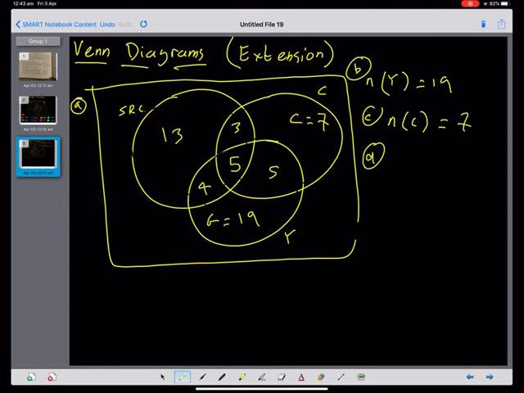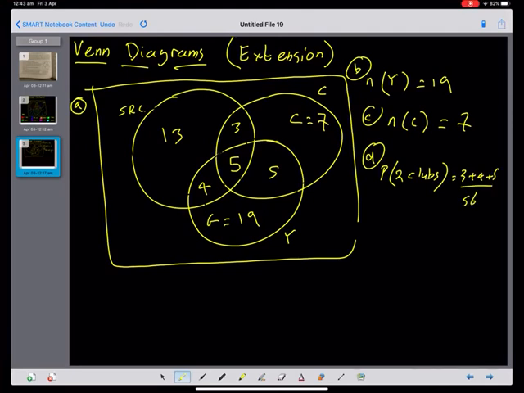D asks for the probability of 2 clubs. Okay, so 2 clubs is going to be 3 plus 4 plus 5 over 56.